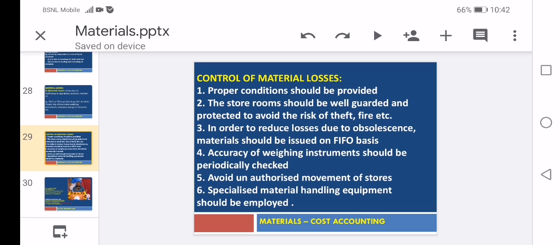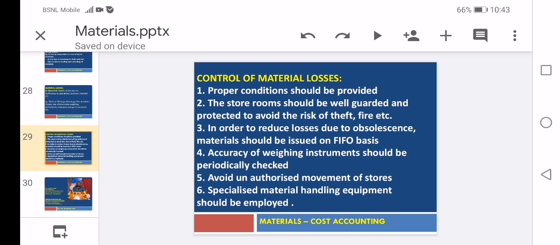In order to reduce the losses due to obsolescence, that is outdatedness, material should be issued on FIFO basis. If the goods are outdated in nature, because of the passage of time the life of the material also comes to a close. In that case, after receiving the goods and storing them in the godown, the advice here is the FIFO method, first in first out.